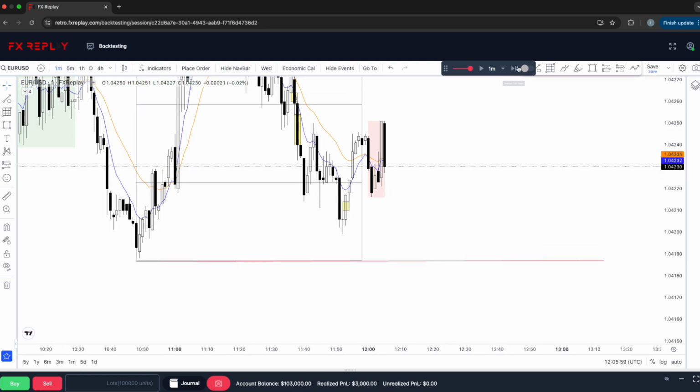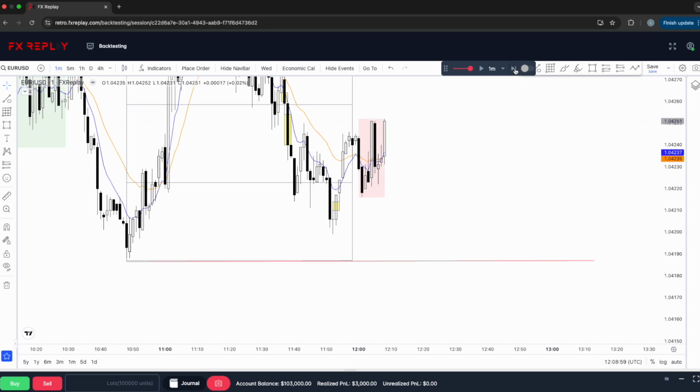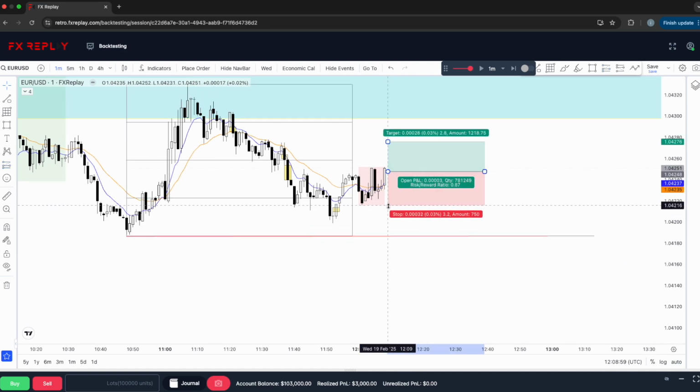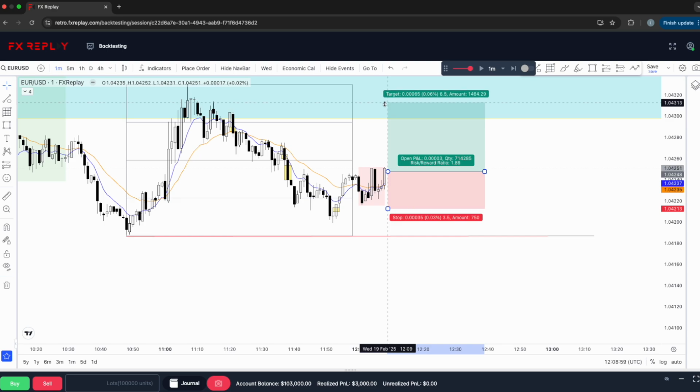As you can see, it hasn't really crossed fully. We're just waiting for that to cross. Now it has. I can't see any fair value gap that is very, very close to it. So I'm just going to put it right next to it so I can get entered. 3.2, 3.5 is my bare minimum. And I will enter this trade at 1 to 2.